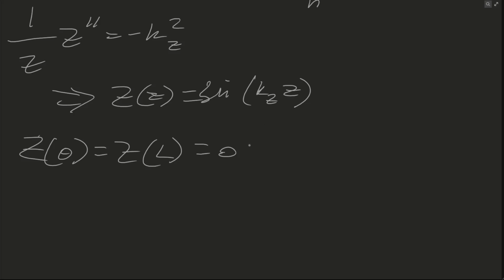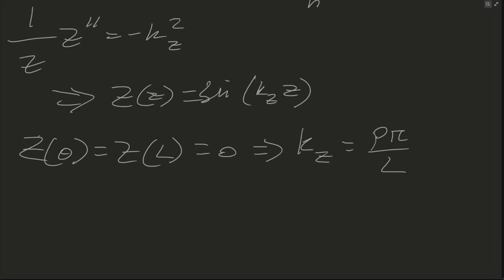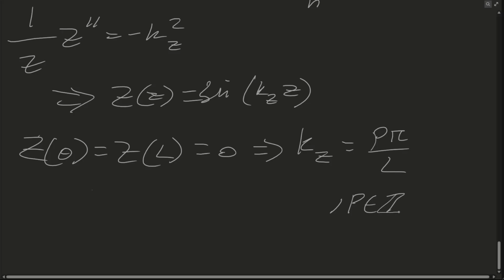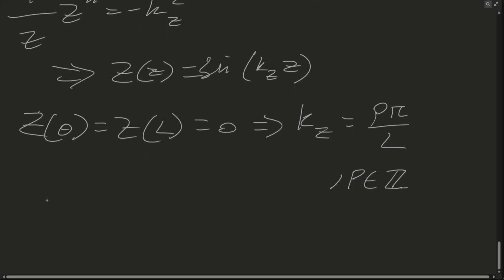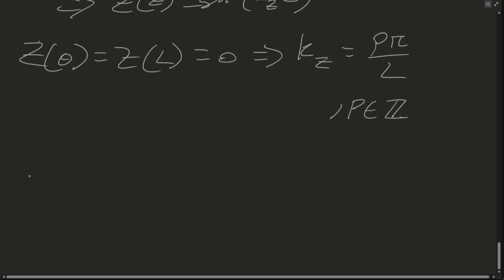So we can say that k_z is equal to p times pi over L, for some integer p in the integers. This is the black pen, red pen method. Look how cool that is. And so we can finally say that. Oh no, that's all we need to say.